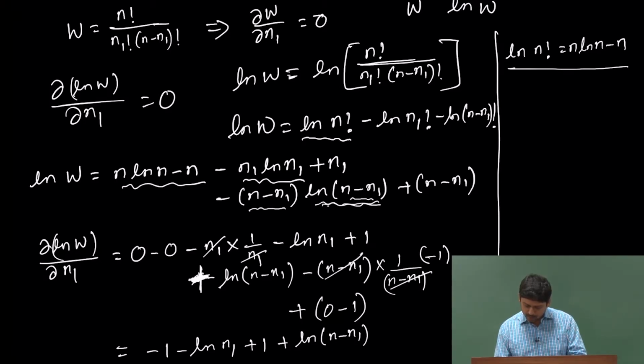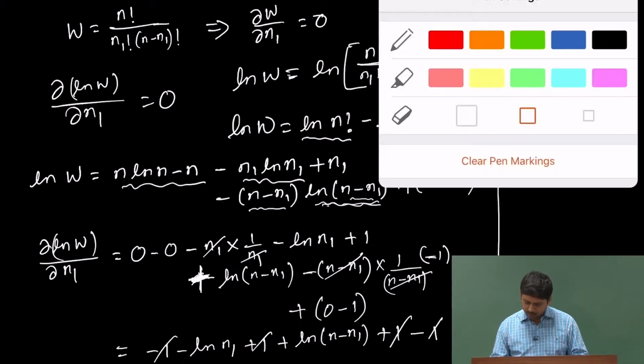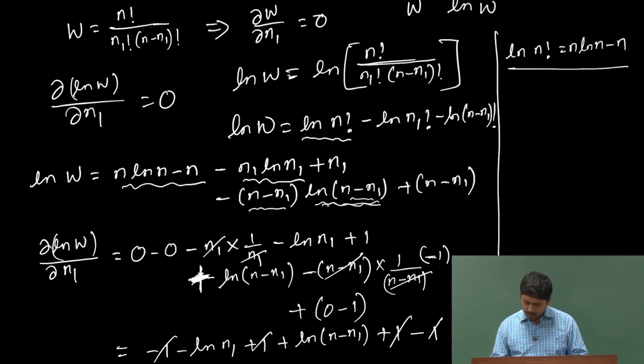This cancels and this minus cancels, giving me plus 1 and minus 1. Let me see, minus 1 plus 1 cancels, minus 1 plus 1 cancels, giving me, I will have to have more space. So, I will use this side.